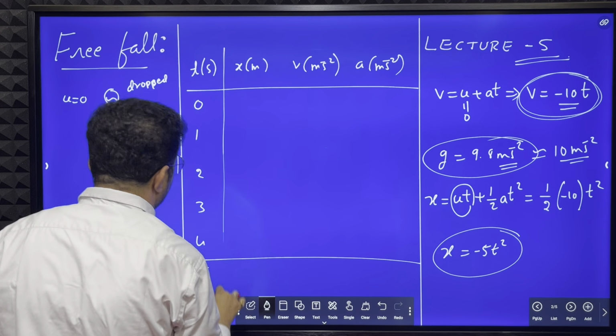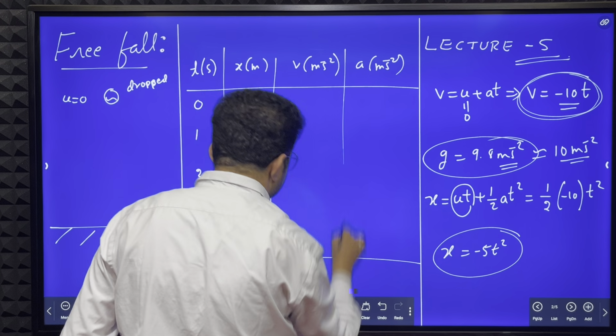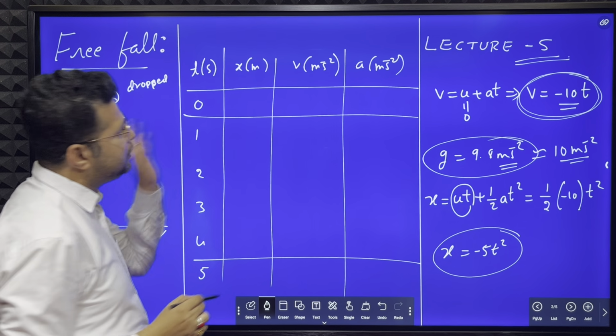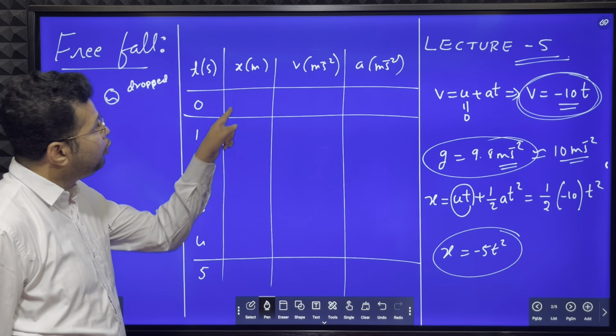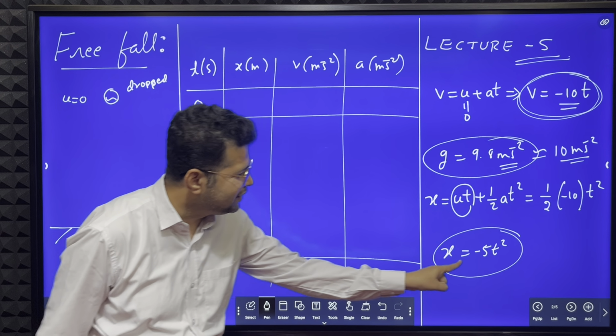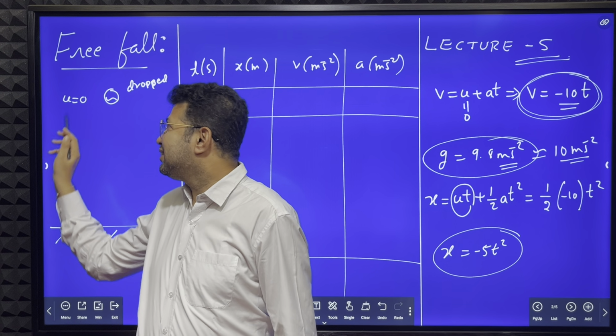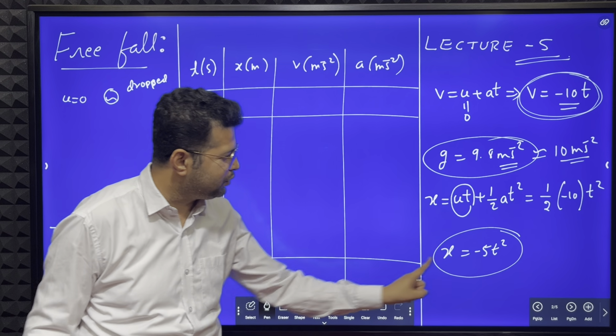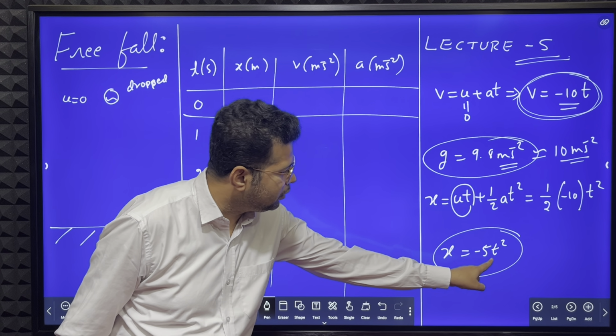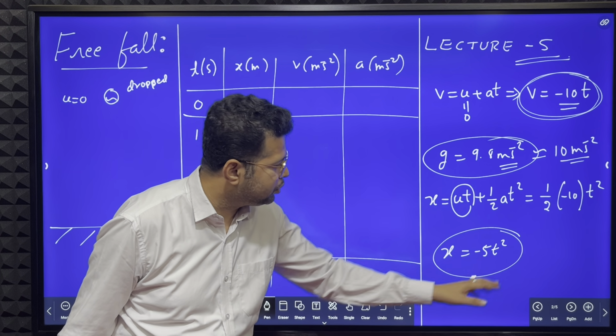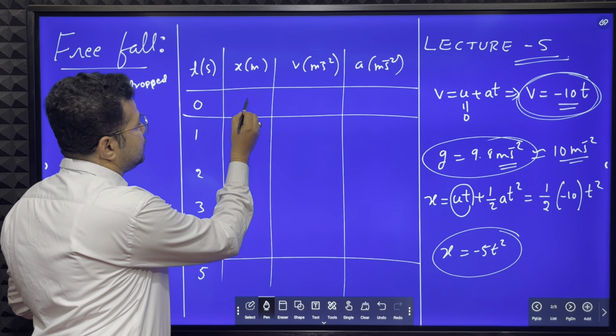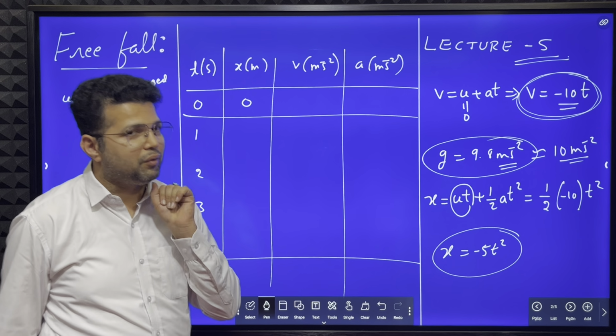When the time is 0 seconds, what about displacement? We have substituted u is equal to 0. When t is 0, minus 5 into 0 square is 0. Displacement is 0. Like that we have calculated.